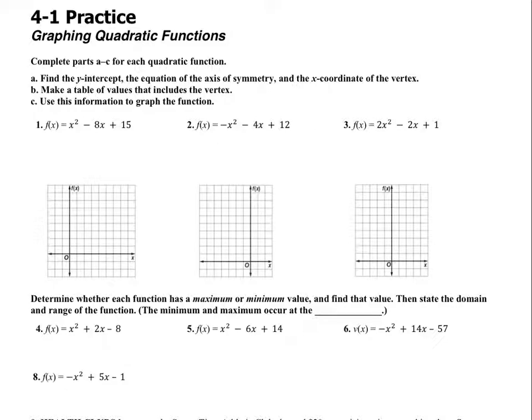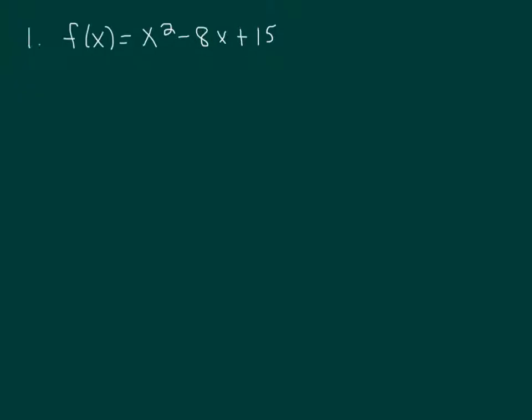So for the first one, we have x squared minus 8x plus 15. I'm going to jump to the other page to do my work. So the first thing we're going to do is find the x value of the vertex.